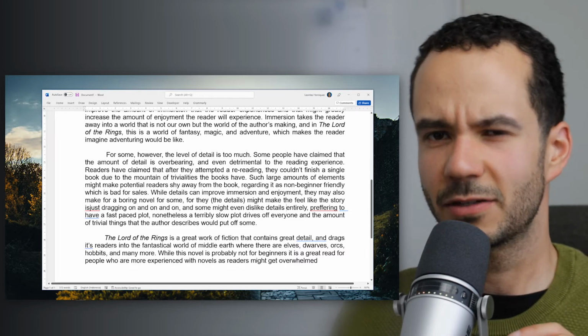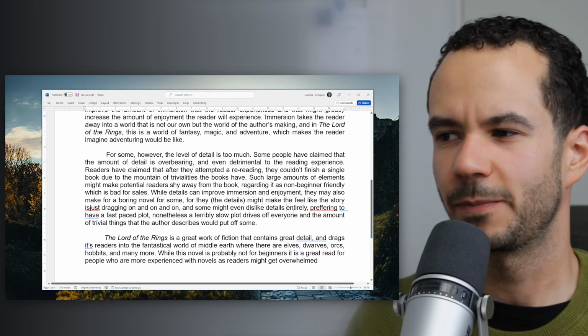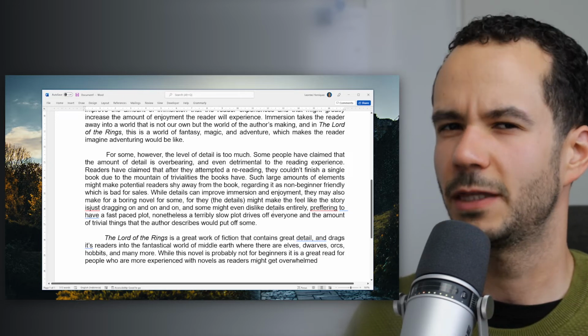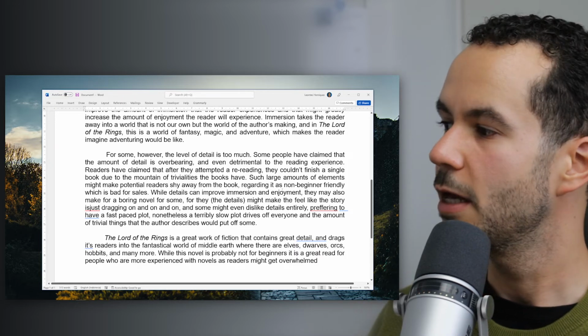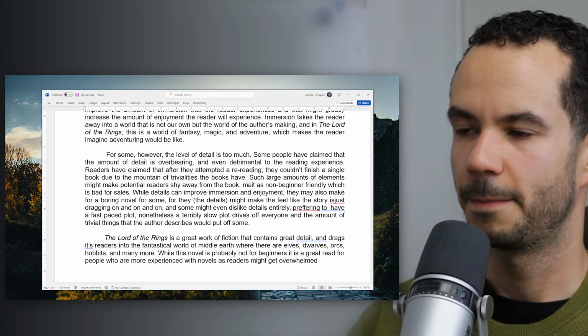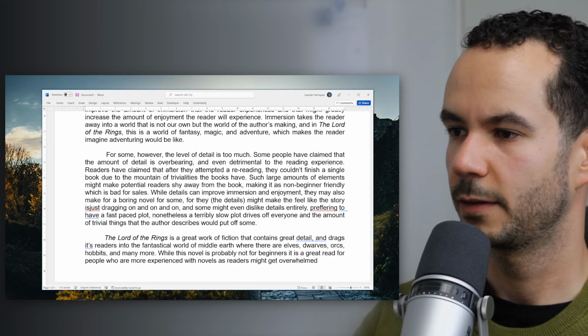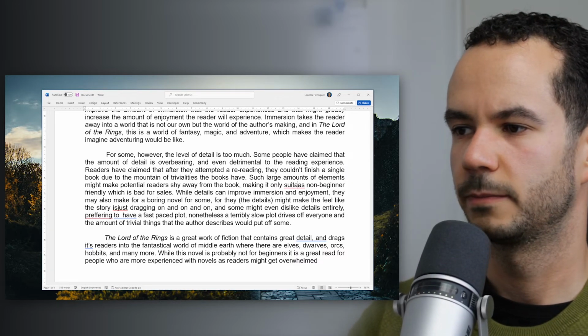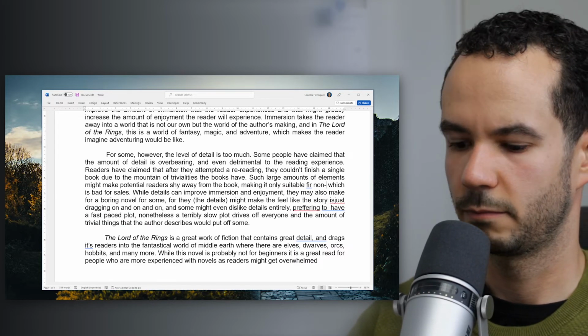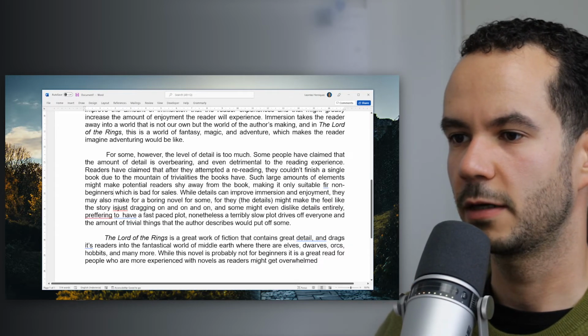And I think we need to change this a bit. I like the construction non-beginner friendly, but I think it doesn't fit the context very well. So I'm going to change it into this. I'm going to change it into making it only suitable for non-beginners, which is bad for sales.